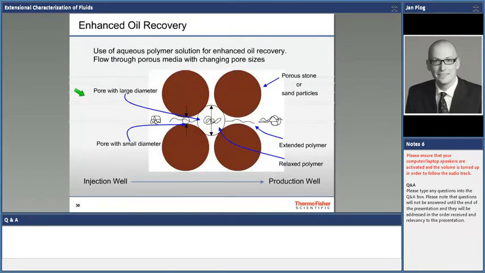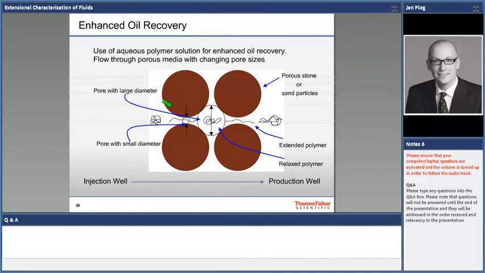And what's going to happen to your polymer solution, no matter if it's for enhanced oil recovery, it's a retention fluid that you need to develop, is that it has to pass through the pores in the porous media where the oil is trapped. Okay, and what's going to happen is the same thing as when you squeeze something through a nozzle, like I showed you on one of the first slides, is that the polymer coil is actually extended.